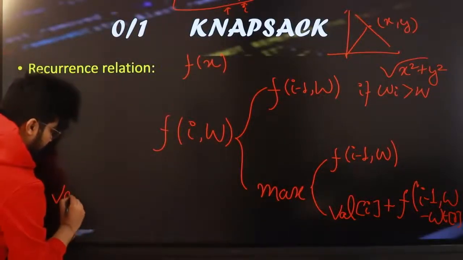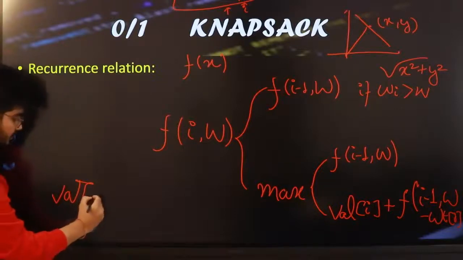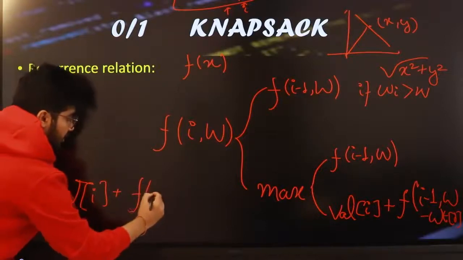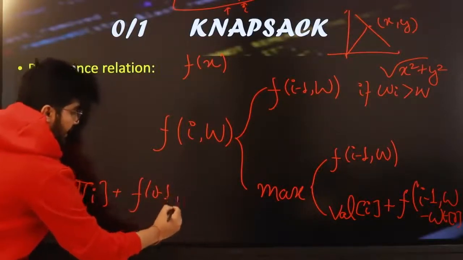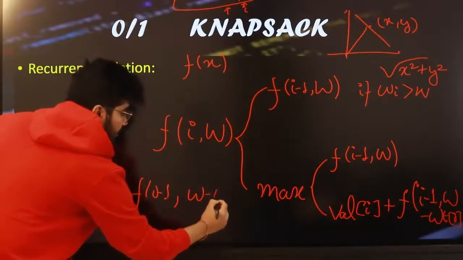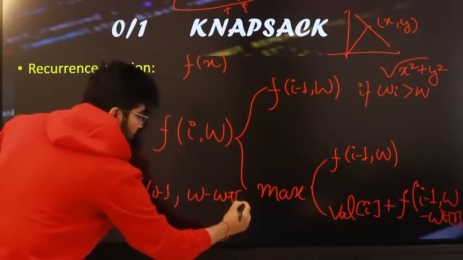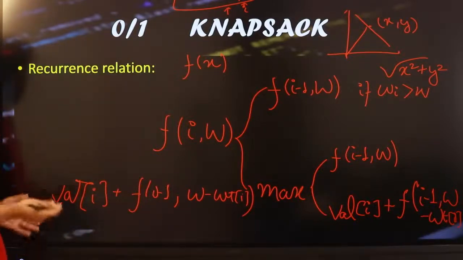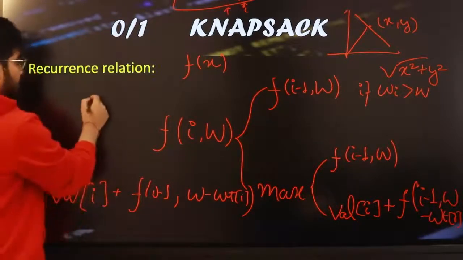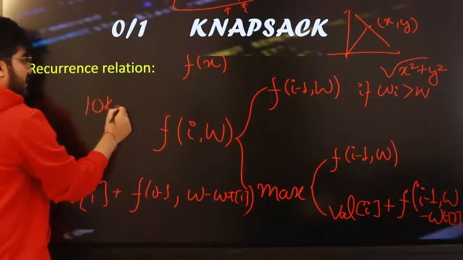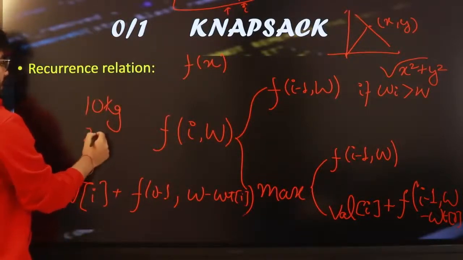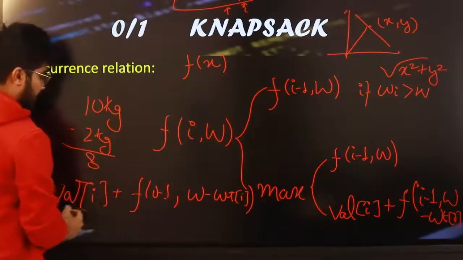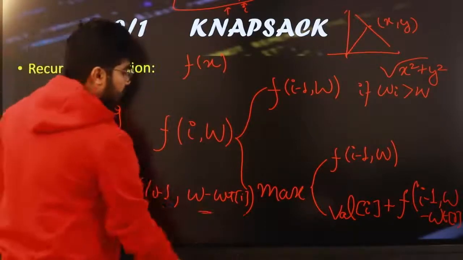So that will be the value of your ith item plus your function of I minus 1 and W minus Wt of I. Why is that? Because if your capacity was 10 kg and you have included a 2 kg item, then you are left with 8 kg. So if you are including this item, then we are going to reduce the weight.